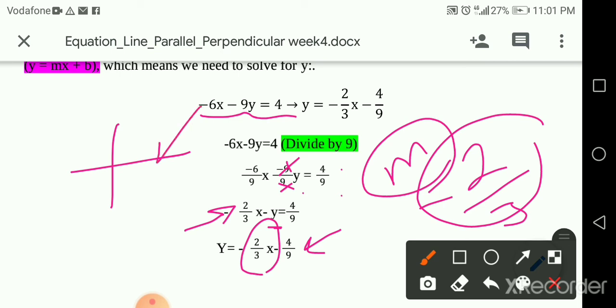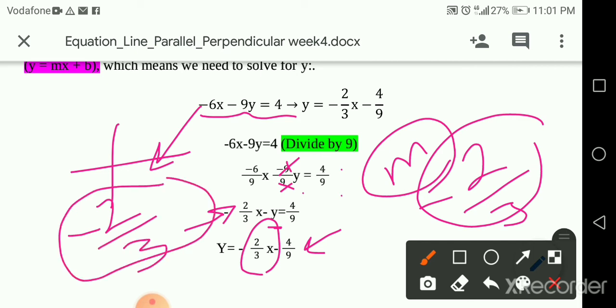It's not parallel, guys. If we have negative 2/3 as the slope, I need to turn it over. So instead of 2/3, it will be 3/2.